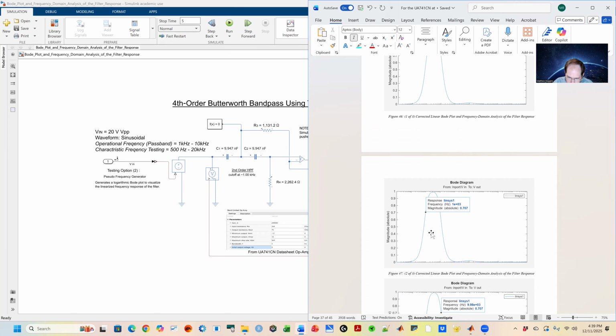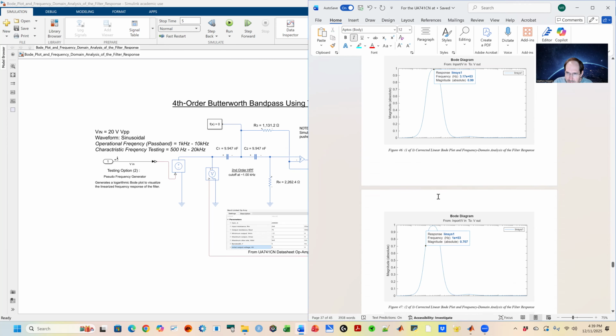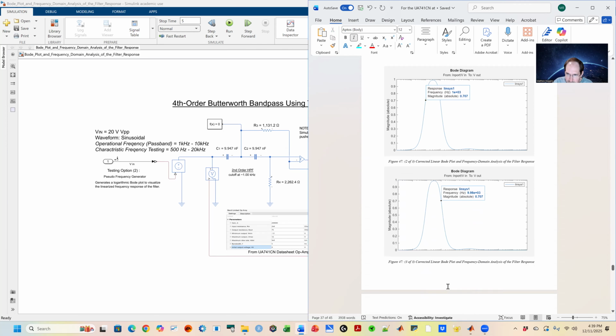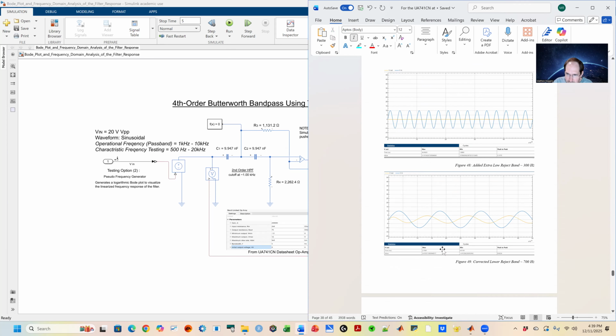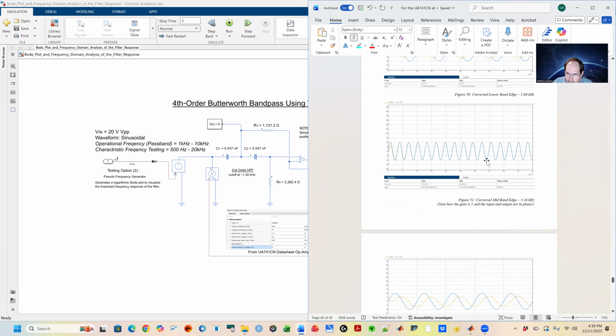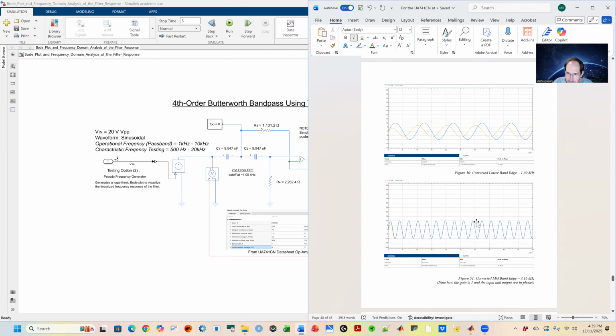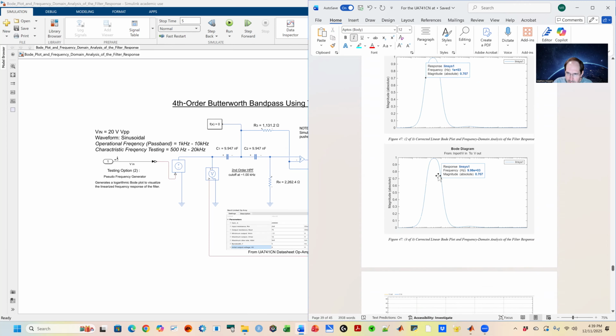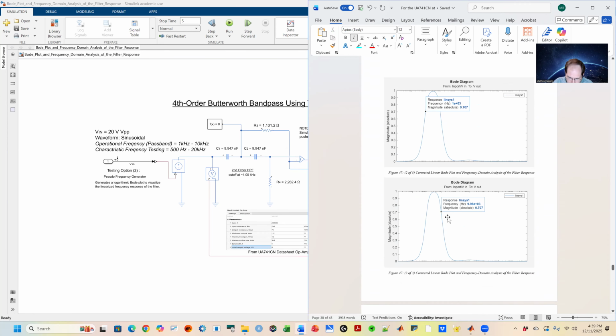Higher points mean more amplification, as we said before. I know we're repeating stuff, but I'm trying to make sure that I cover everything. The lower points mean attenuation. Gain is occurring here, unity, and as it drops away from the pass band, it's attenuated again. Same thing here, like before.